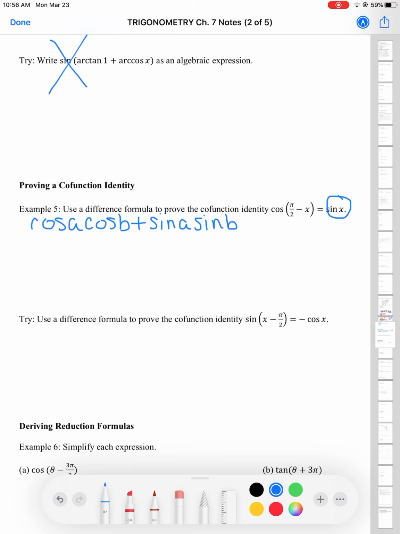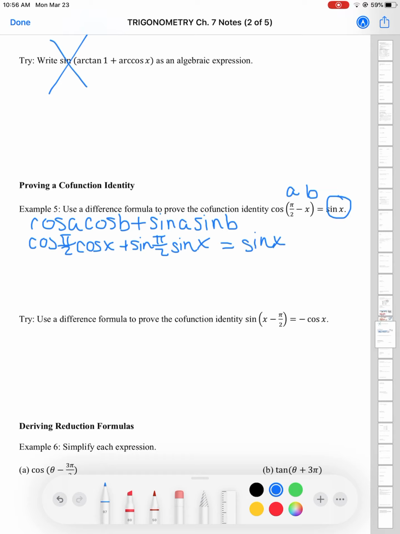But instead of a and b, our a is pi over 2 and our b is x. So now that we have our formula and our two pieces, all we have to do is plug in to our formula. So we have cosine pi over 2 cosine x plus sine pi over 2 sine x. And remember, we're supposed to be showing that that is equal to sine x.